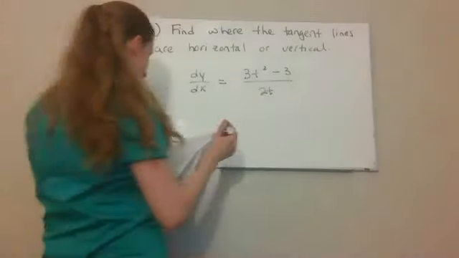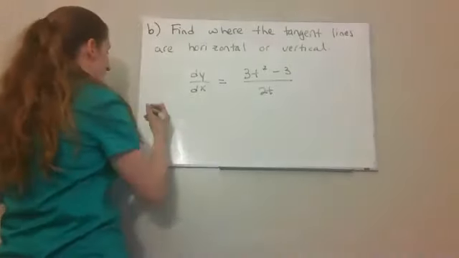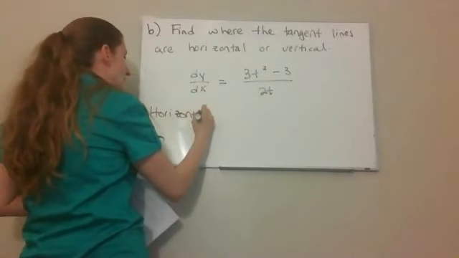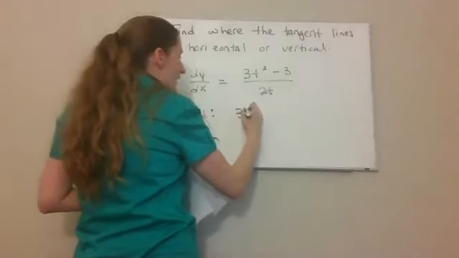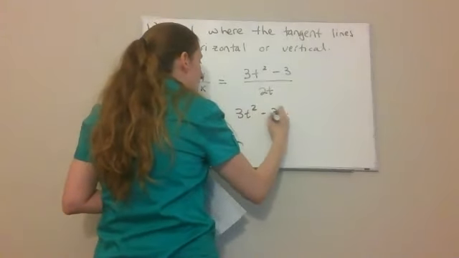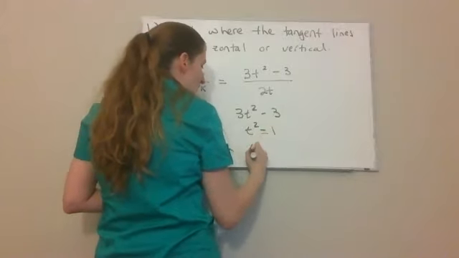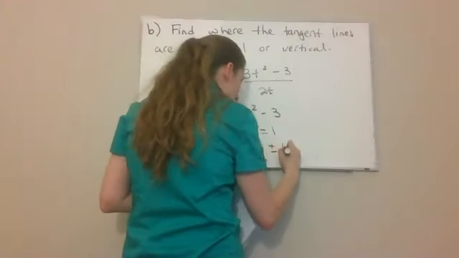So first, let's do horizontal first. My numerator equals 0 exactly when t squared is 1, which is t equals plus or minus 1.